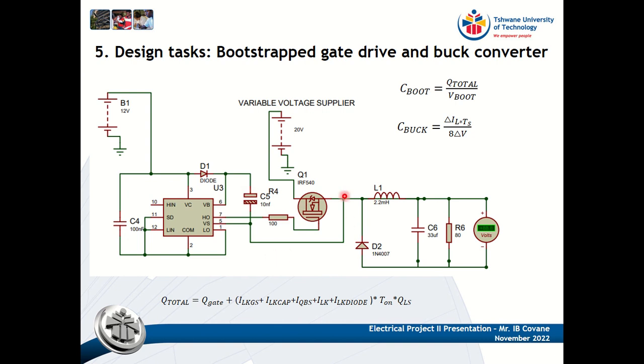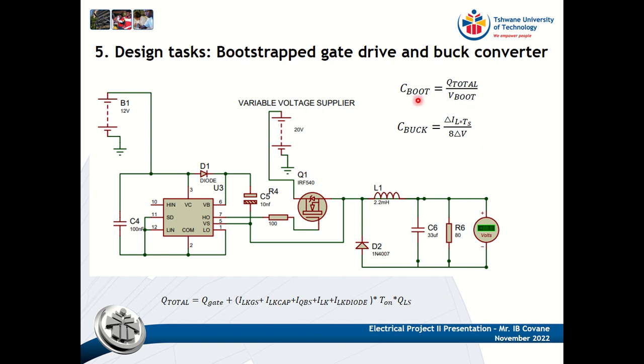So let's look at the buck converter. Here is a buck converter and it's connected with the voltmeter. Here we have 80 ohms. This 80 ohms is just the equivalent resistance of the fan, as I couldn't get a fan in Proteus. I calculated this buck converter capacitor using this formula here.